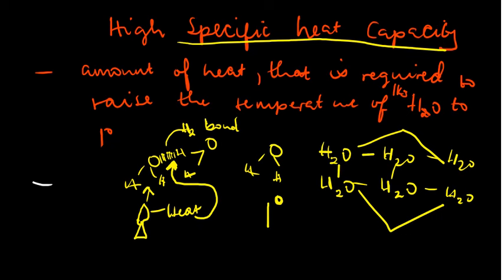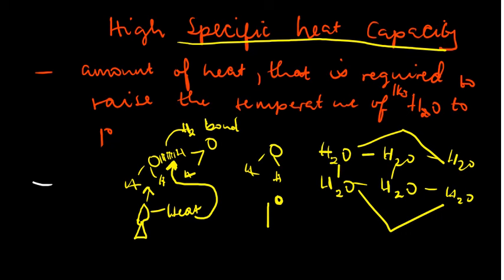Okay, so this means that the temperature fluctuations in water are minimized. So when you talk about fluctuations, it means water cannot easily absorb heat, right? And water cannot easily lose heat because of these hydrogen bonds. So water therefore provides a very constant external environment for many cells and organisms.